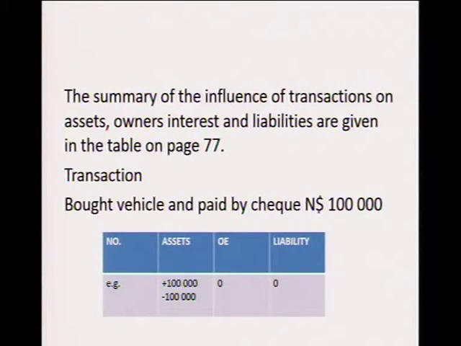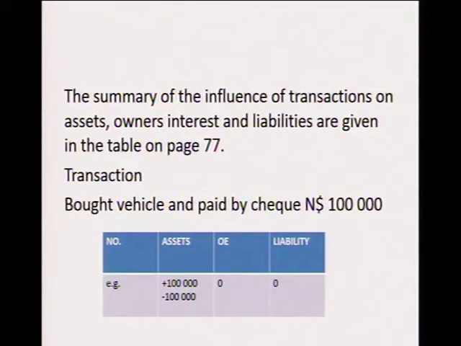And then you ask yourself, vehicle and bank, where do they fall in the group of accounts? When we are talking of vehicle and bank, we are talking of assets. And then, when we are talking of assets, what do the rules of accounting say? Asset increases on the debit side and decreases on the credit side.